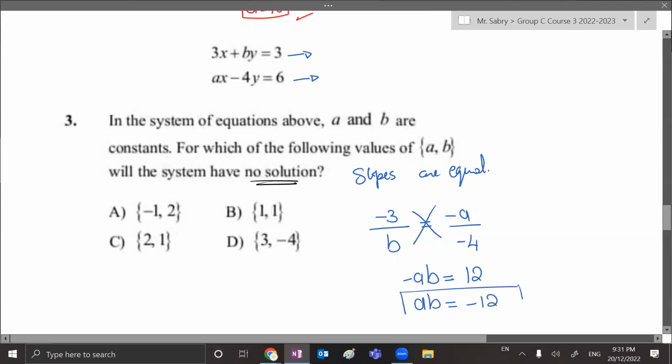So I need now two numbers, a and b, multiplied by each other that must equal negative 12. If you check the first choice, negative 1 times 2, because that should be a and that should be b, would give me negative 2, so that's incorrect. This one would give me 1. This one would give me 2, but this one, 3 times negative 4, would give me negative 12. So D is the correct answer.